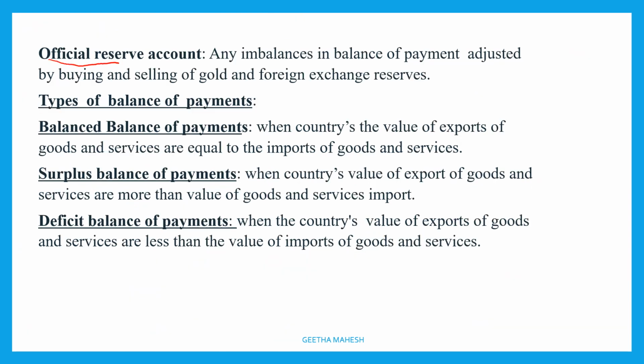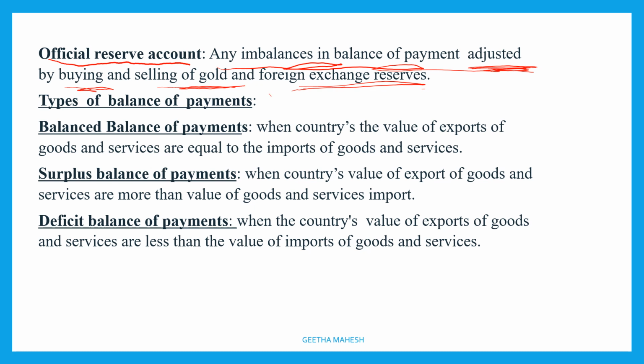Next one is official reserve account. In the balance of payments, we come across the official reserve account. Any imbalances in the balance of payments are adjusted by buying and selling of gold or foreign exchange reserves by RBI.